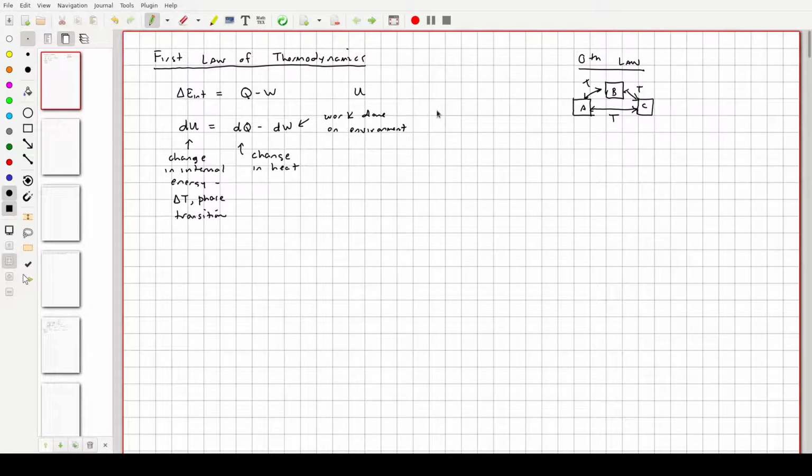And what the first law of thermodynamics tells us about is where this energy is allocated when your gas or whatever it is goes from one state to another state.